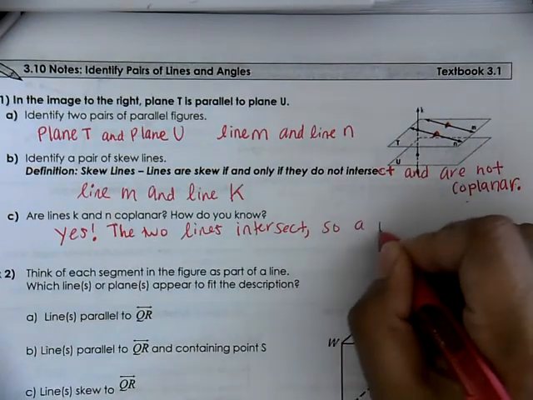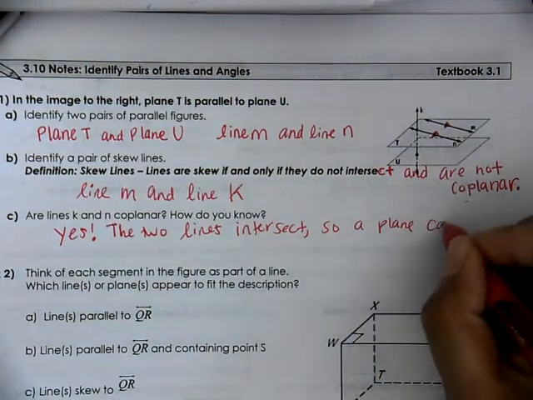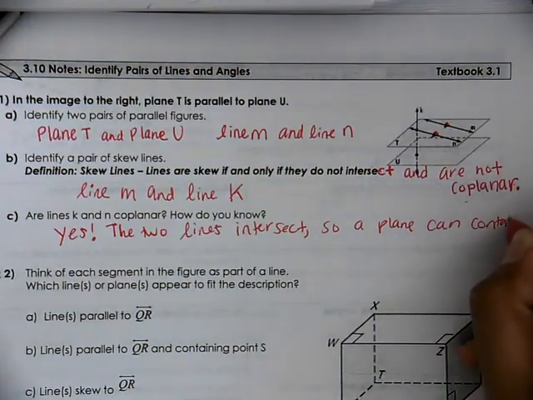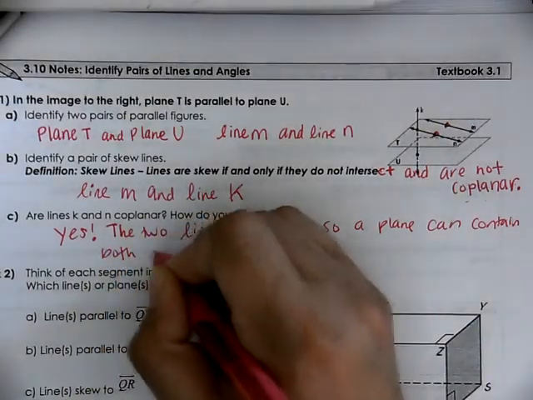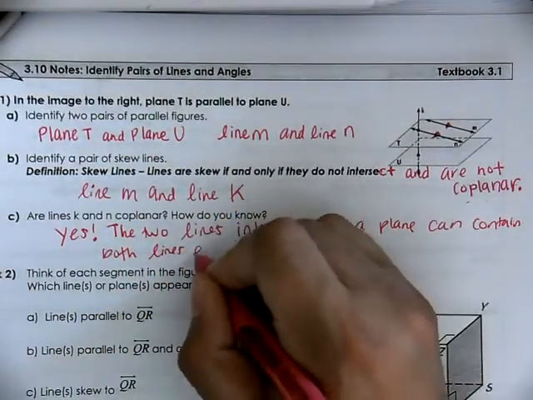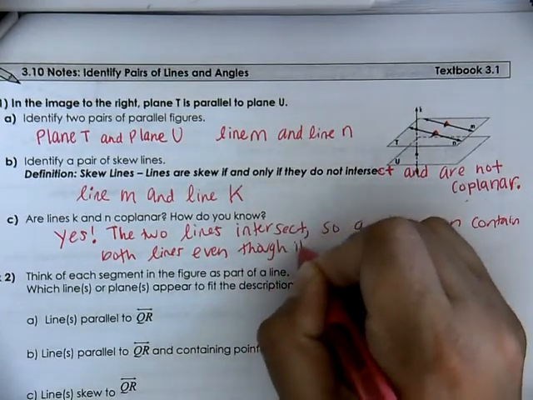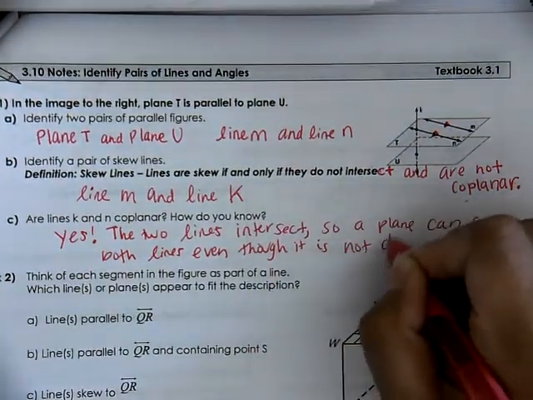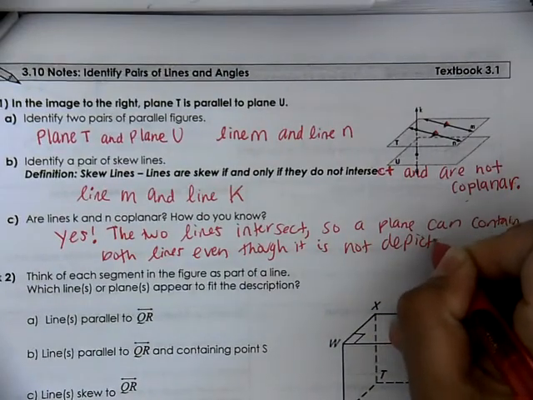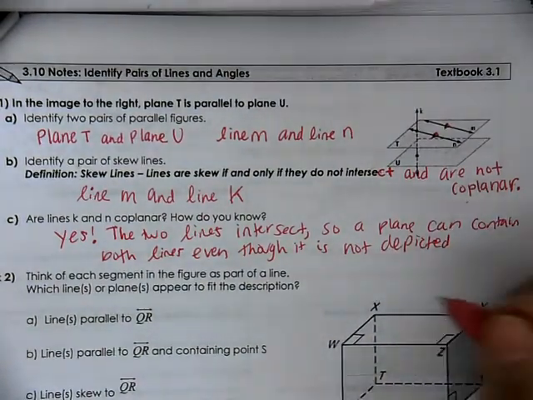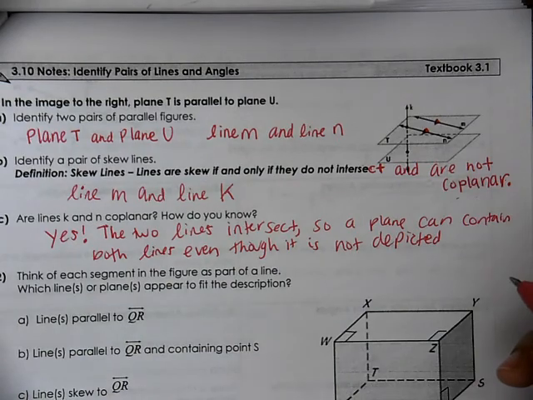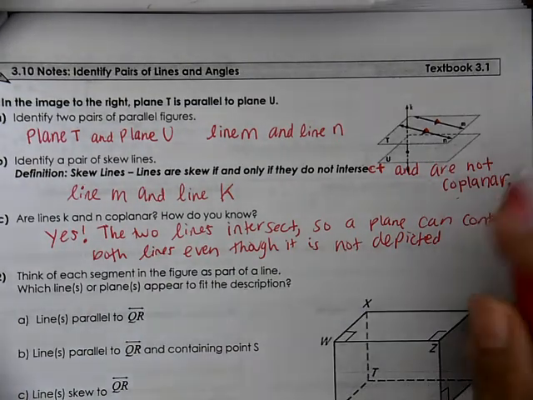A plane can contain both lines, even though it's not depicted in the picture. Sometimes you'll see the actual plane that they're in, sometimes you might not, but because there is an intersection there, that is enough to say that they are coplanar.